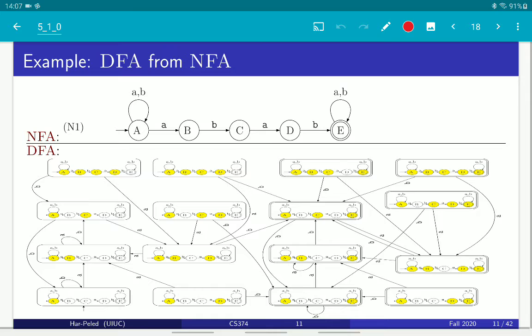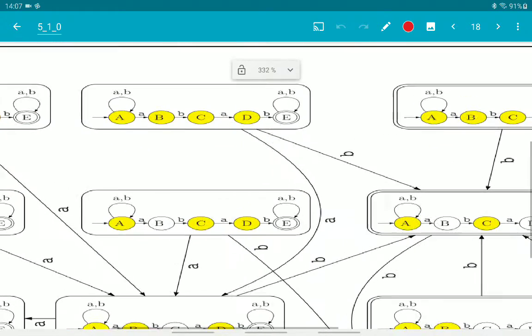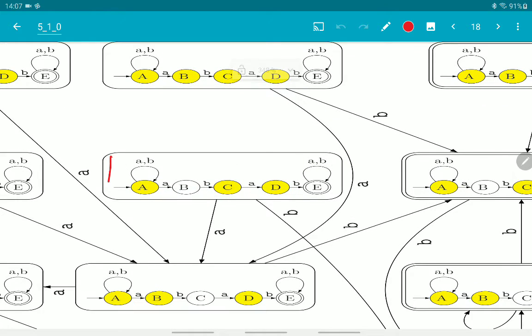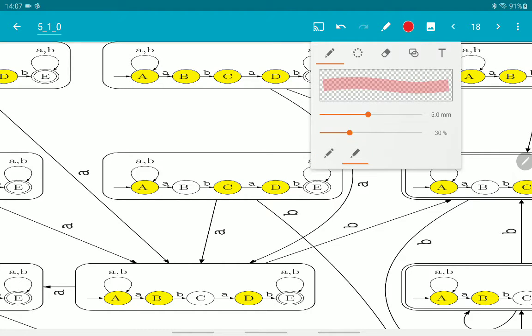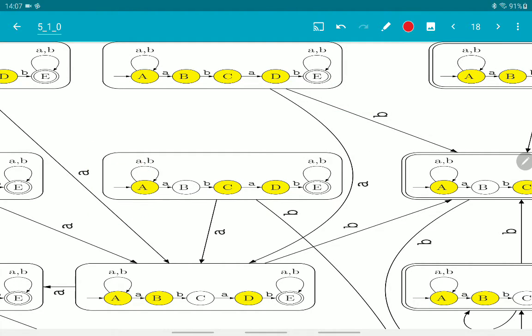So let's skip that. Okay, now here's a more detailed example of the NFA we saw earlier, and the DFA that simulates it. Notice that every state here is just a snapshot of the NFA and which states are on.